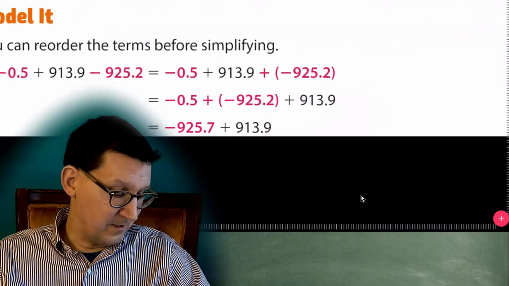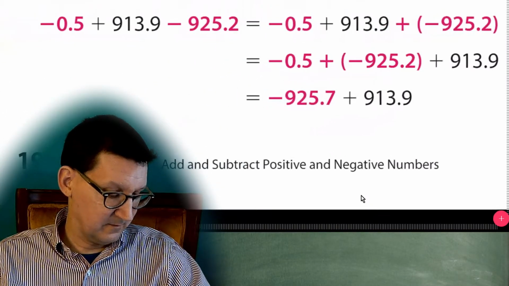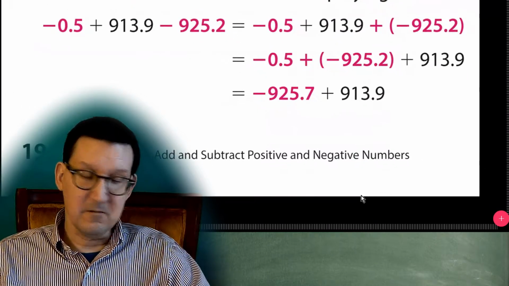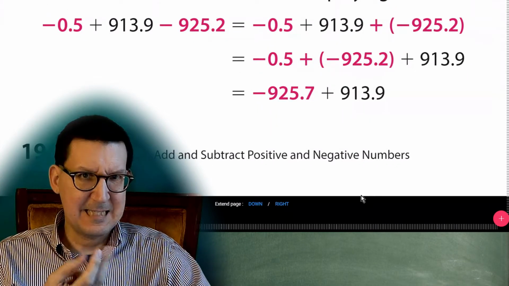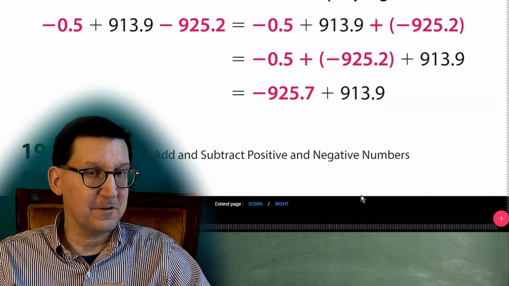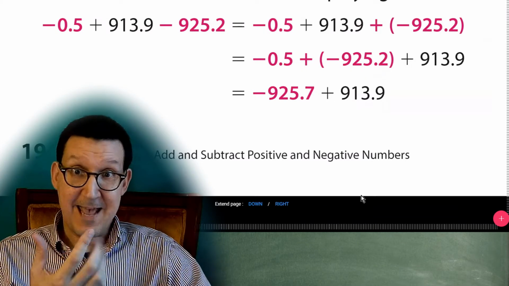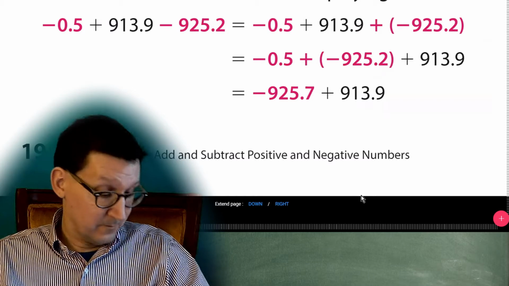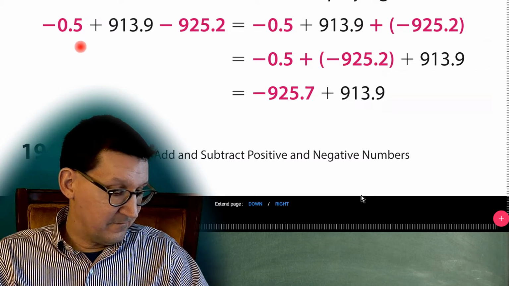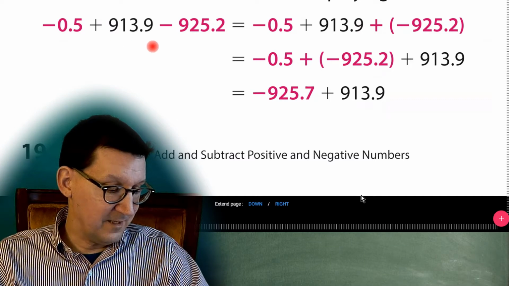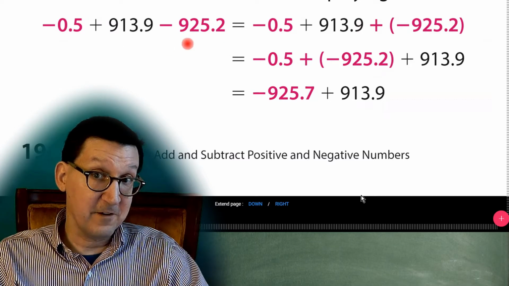Now the other way we could do this is you can reorder the terms, right? You don't have to do stuff in that order. You can do whatever it takes to make it easiest to manipulate those numbers. And if you're adding, you can add things in any order you want to. We've started off with negative 0.5 and 913.9 and negative 925.2.